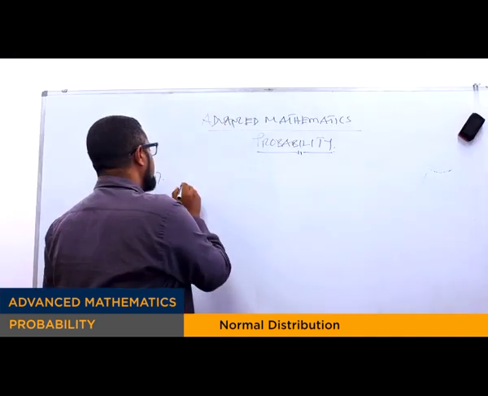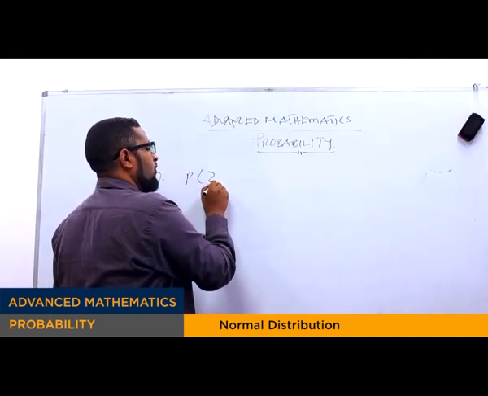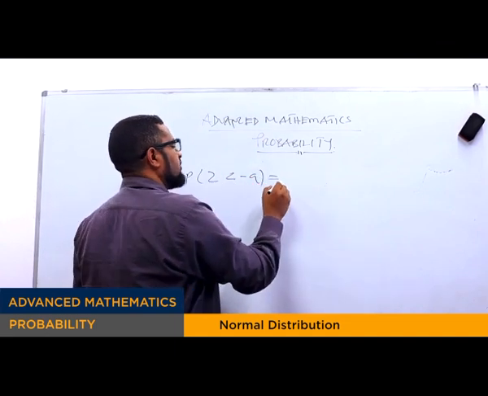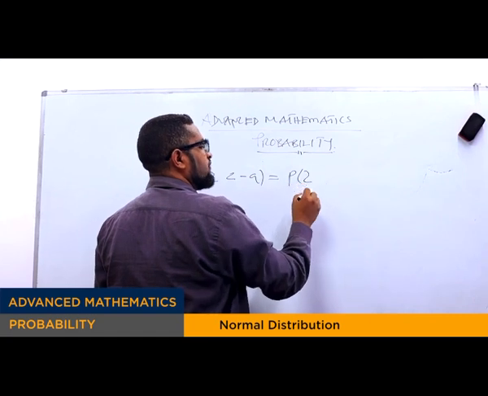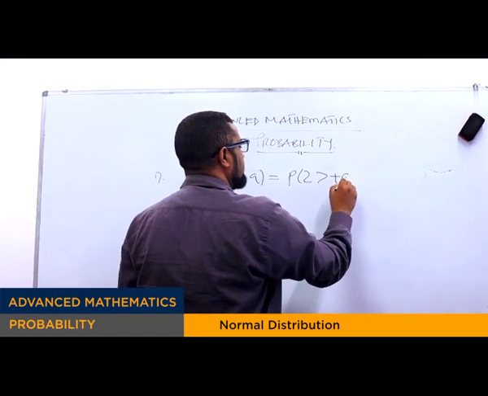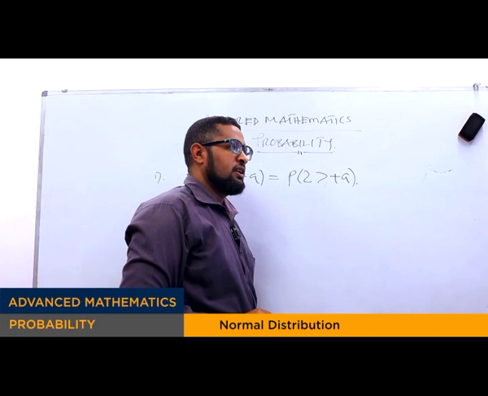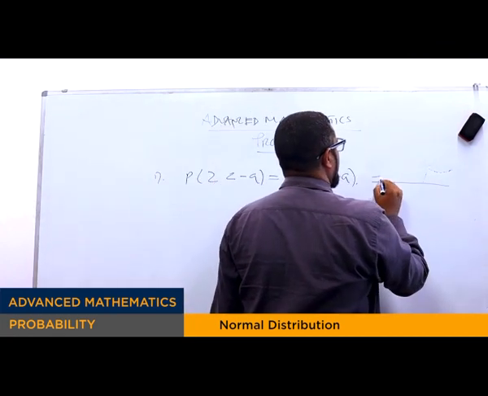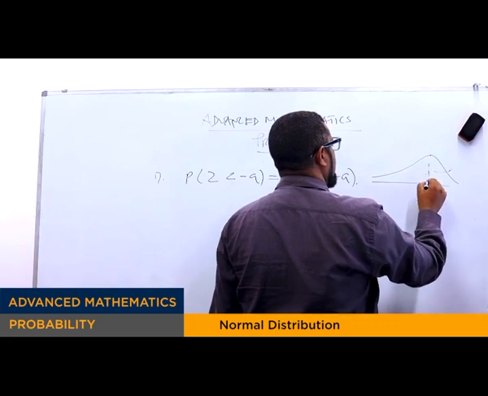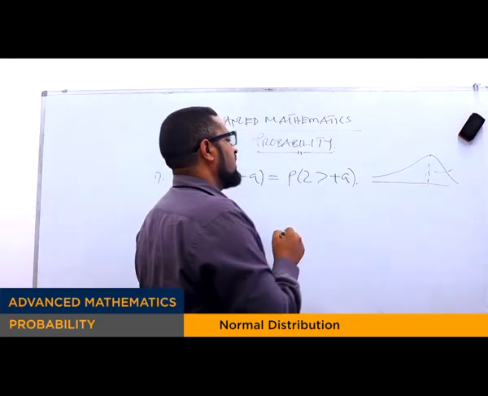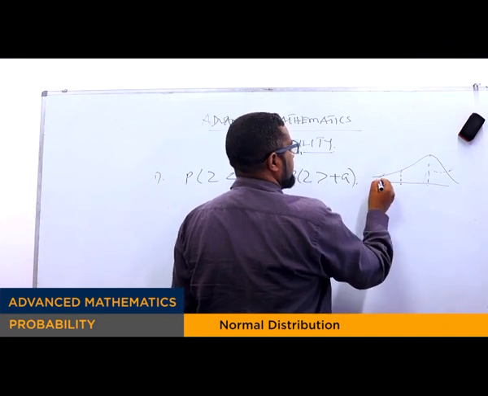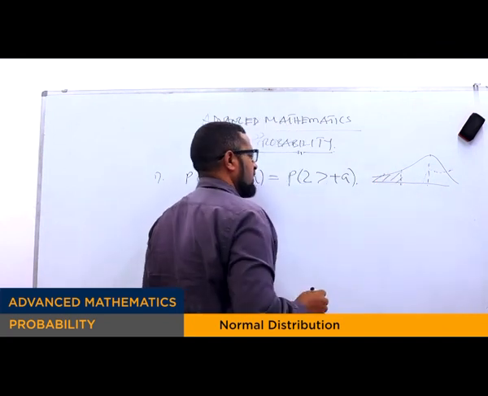If the probability of Z score is less than negative A, this is the same as writing the probability of Z greater than positive A. So if you draw the curve, when we say negative, it means this area.